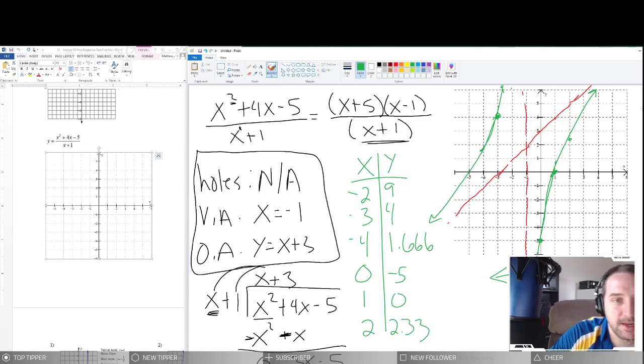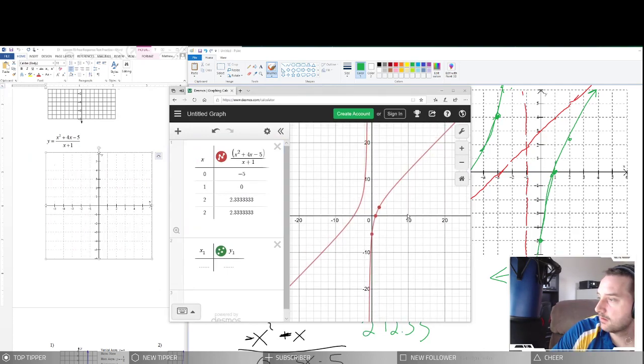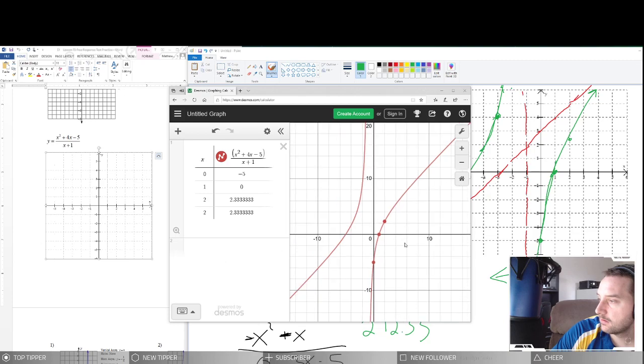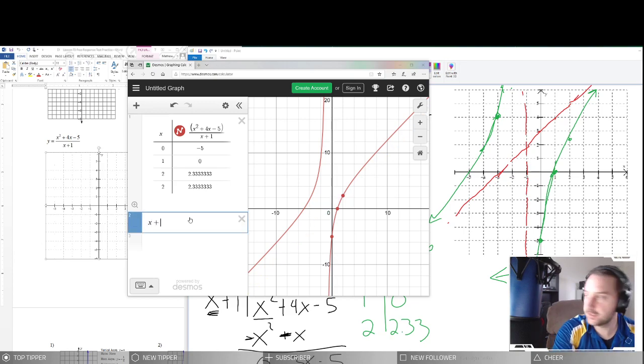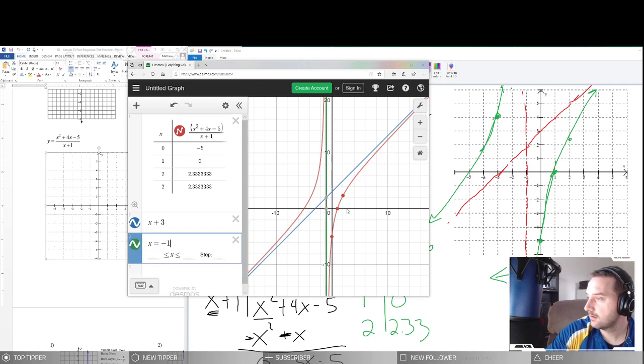If you want to take a look at it on Desmos, it looks pretty similar. If I put in the asymptotes, x plus 3 and x equals -1, it kind of follows that as well.